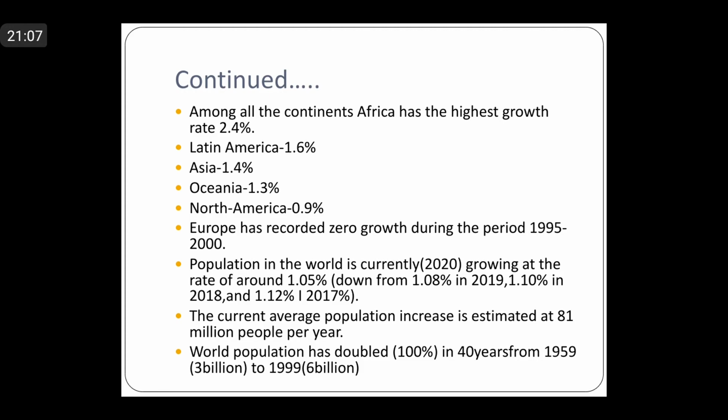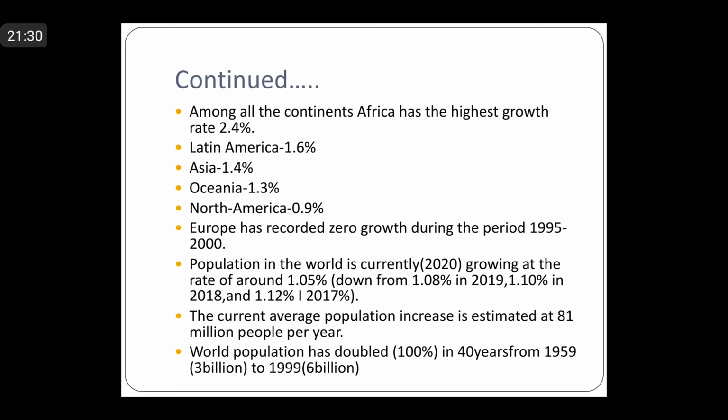And the population in the world is currently, in 2020, growing at the rate of around 1.05. The example is given here that in 2019 it was 1.08, in 2018 it was 1.10, and in 2017 it was 1.12%.